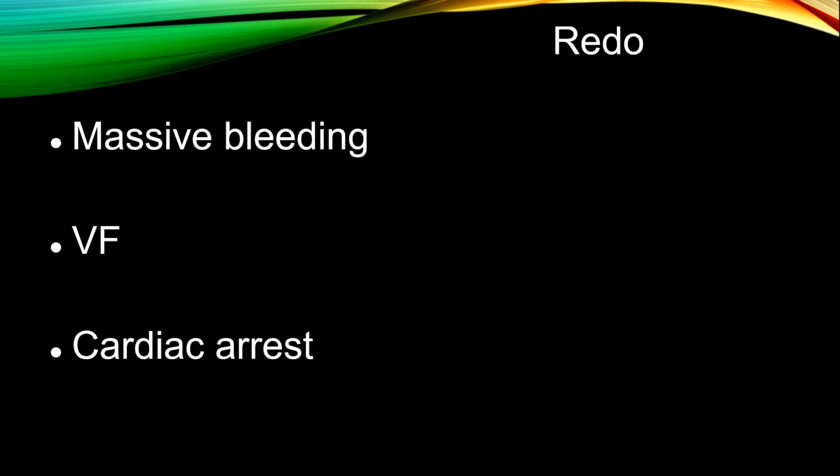The main issues with the redo is massive bleeding caused by injury to important structures or triggering VF because of using the diathermy, and both of them can lead to cardiac arrest.